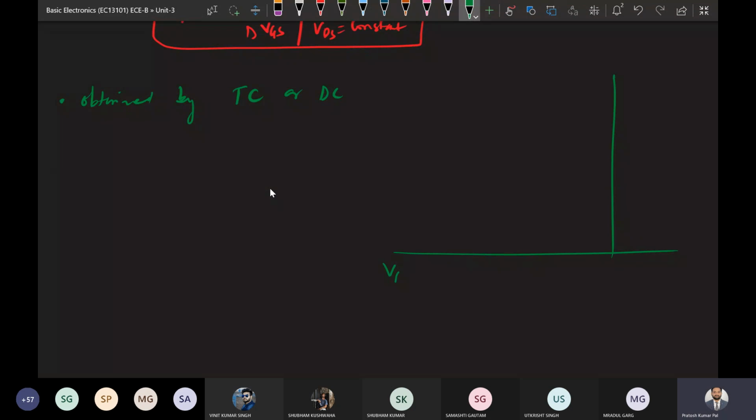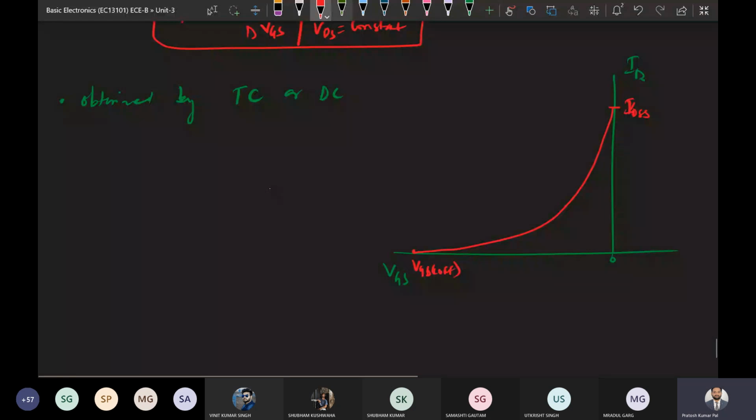So this is your VGS, that is in negative direction, and this is your ID. So we know this is given by this relation. This is IDSS, and this is where ID is going to be 0. So this value is VGS(off), which is defined.